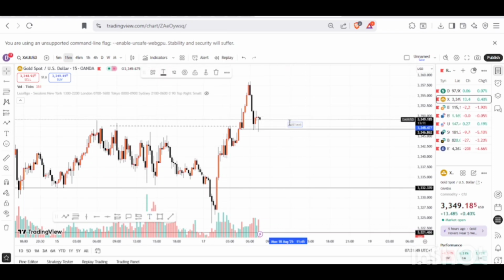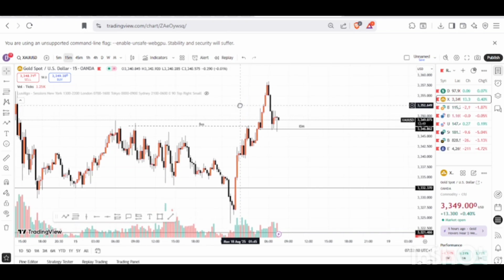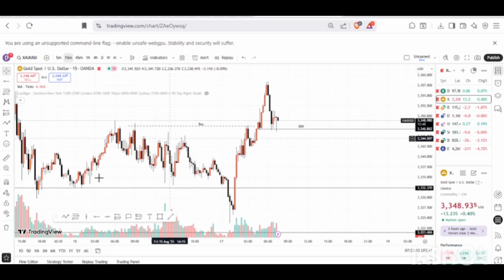I'll just label that IDM. That's inducement liquidity. And what else? This is our break of structure, BOS. So we have an idea of what's about to happen on the higher time frame.